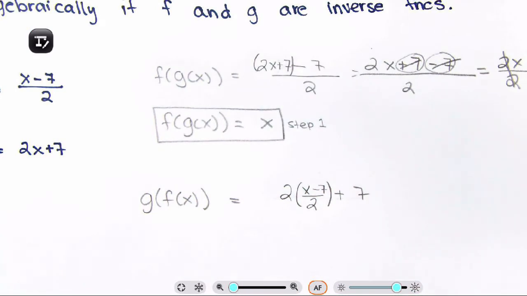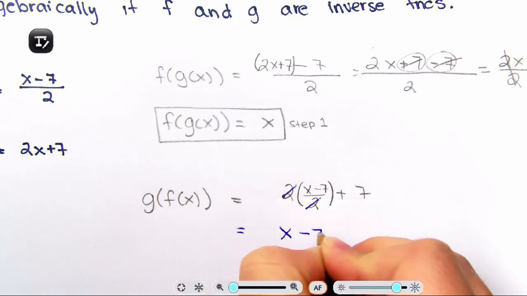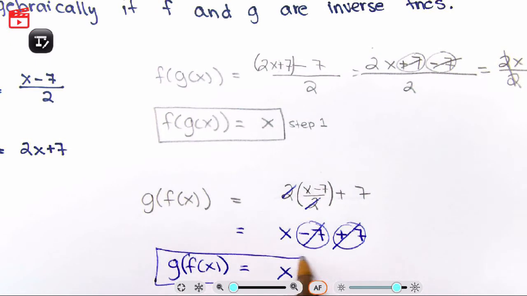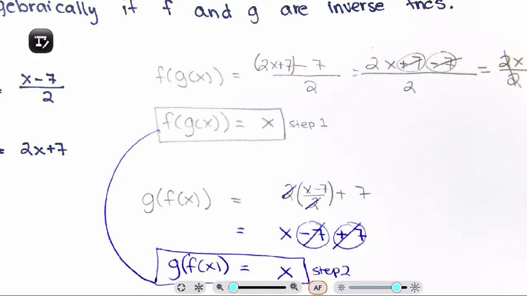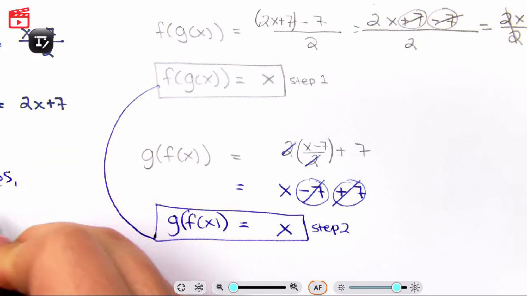So here I see that I have a 2 on the top, 2 on the bottom. That goes away. I have x minus 7 plus 7. Minus 7 plus 7, those go away. So what am I left with? I'm left with x. So I have g of f of x also equal to x. Because both of them are equal to x, my answer is yes, inverses.